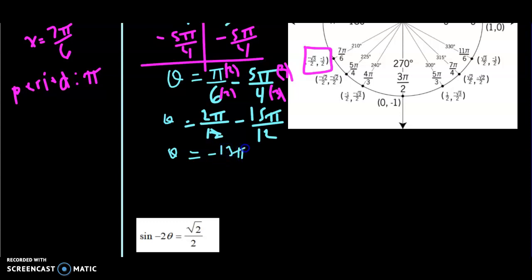But remember, my criteria has to be between 0 and 2 pi, and that's not between 0 and 2 pi. That's where your period takes into account. So now I'm going to take negative 13 pi over 12 and add pi. If I'm adding pi and I want a common denominator, I multiply by 12.